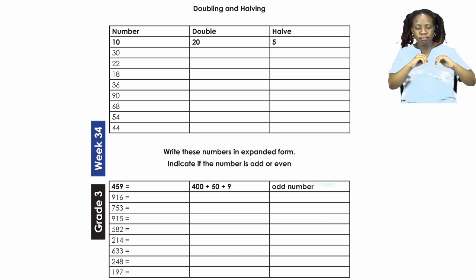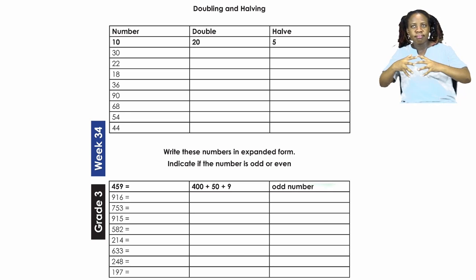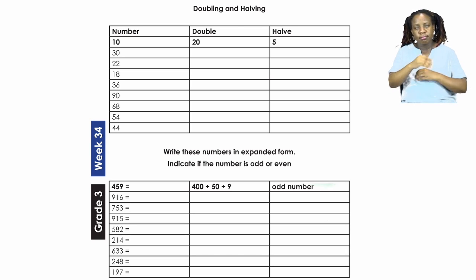Now here you will see the number 459 in its expanded form is 400 plus 50 plus 9. So we add our hundreds, our tens and our units together. And then you have to decide, is 459 an odd number or an even number? Now in this case, it is an odd number.